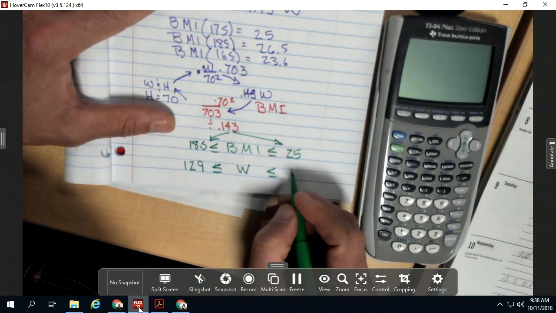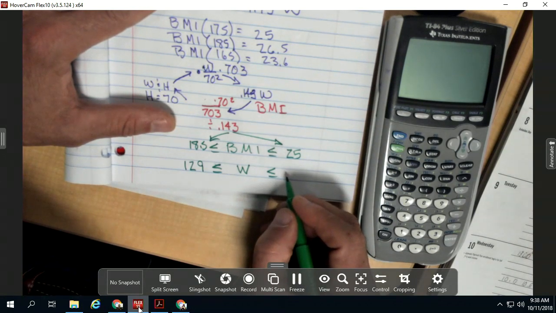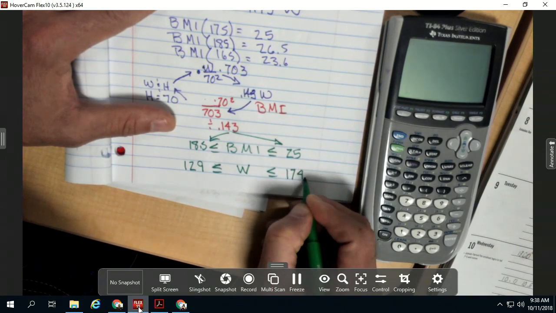And then what would be the maximum weight to be in the normal range? What would you have to do for that math? Somebody know? Shout it out. 25 divided by 0.143. What do you get? 174.8.